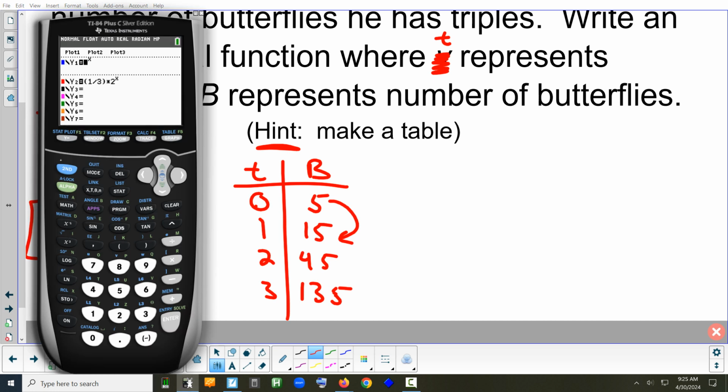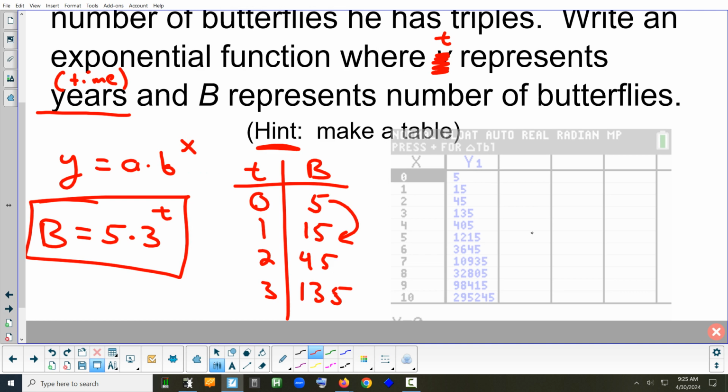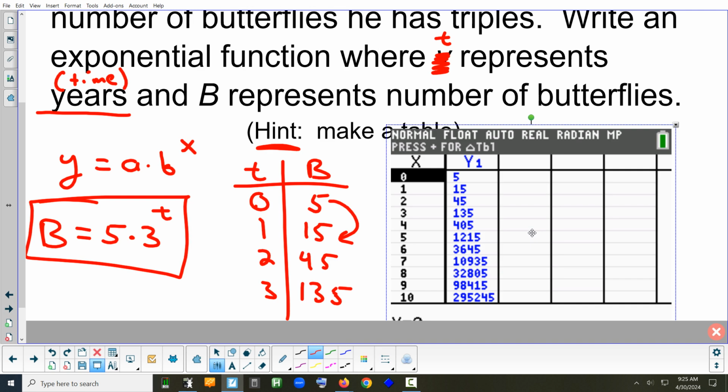Now, realistically, if none of them were dying off, that would start to be a problem pretty quickly. So if I type that in on the calculator and look at our table, the calculator can make a table a lot faster than we can, but it made the same table: 0, 5, 15, 45, 3, 135.